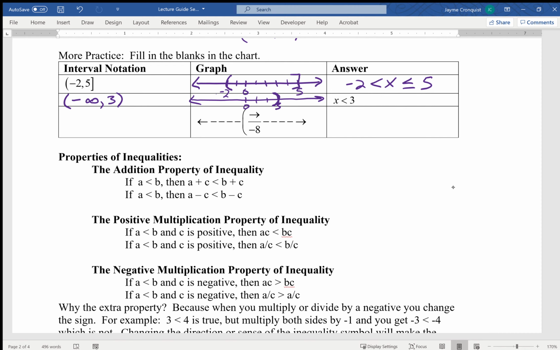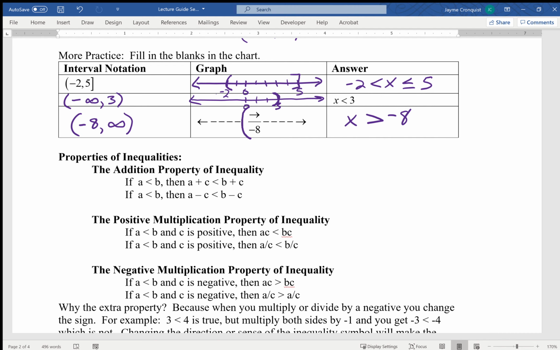Here we've got a parenthesis opening, so we know that x is greater than, not equal to because it's not a square bracket, -8. So we're going greater than, so we're going to start with the -8 and we go all the way to infinity. Infinity always has a parenthesis. This one started with parenthesis as well. Okay, that's really all there is to it.